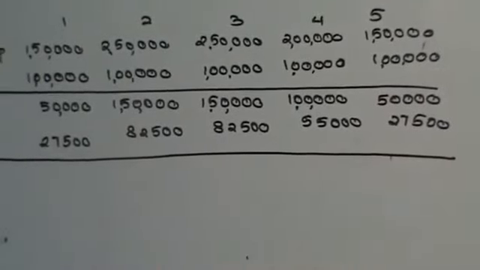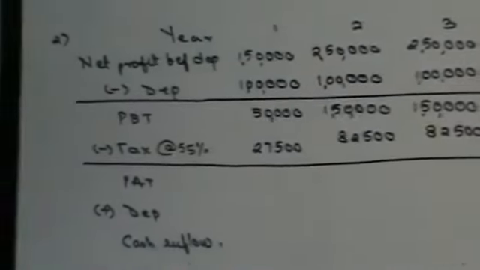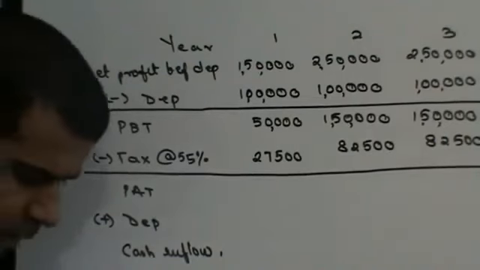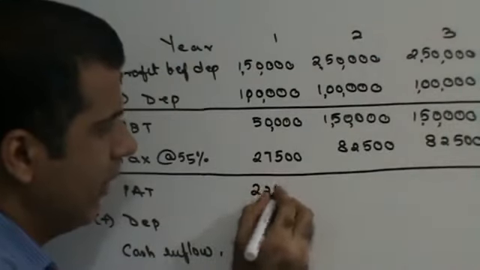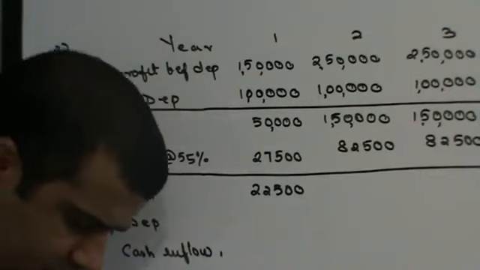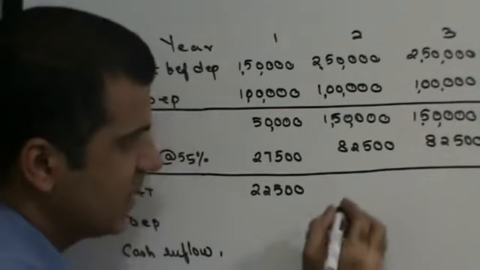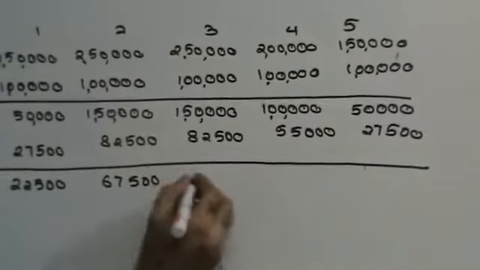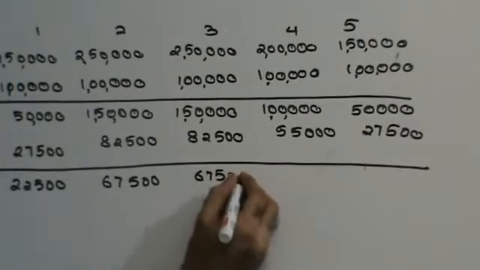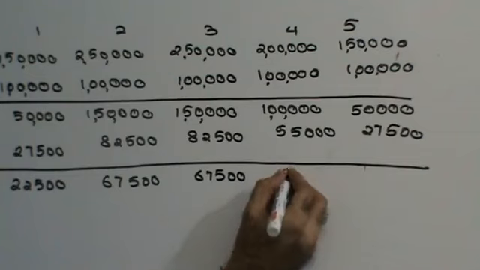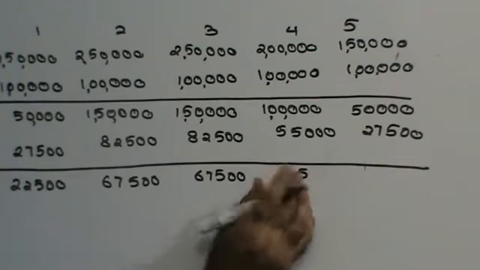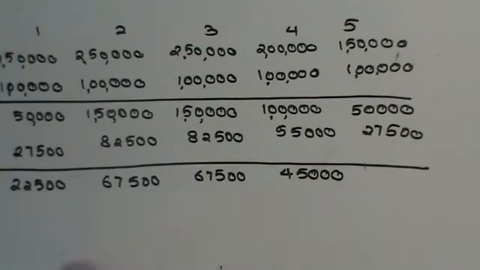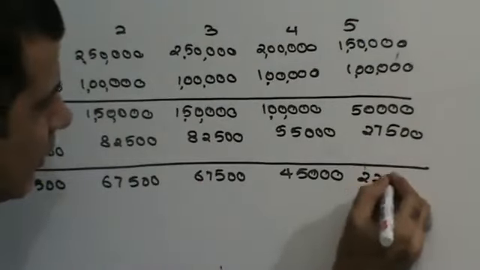So you will get your profit after tax as 22,500. This is going to be 67,500, 67,500. This is going to be 45,000, 45,000. This is going to be 45,000 and this is going to be 22,500.